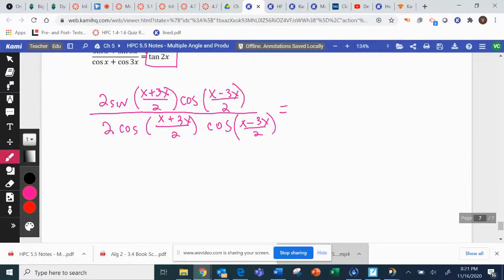So I'm going to simplify this, and on top we'll have 2 sine, and that's going to give me 4x over 2, which is 2x. Cosine, that's going to give me negative 2x over 2, which is negative x. And then on the bottom, we're going to have 2 cosine 2x cosine negative x.